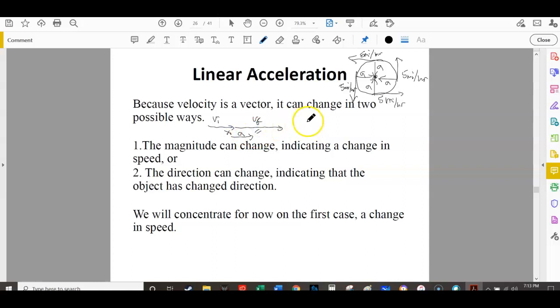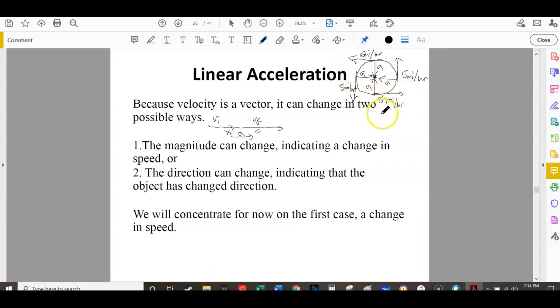But also, in this case, your velocity vector's direction is changing over time. And I'm not saying your speed is changing, you have a constant speed of 5 miles an hour, but here you're moving to the top of the page, here you're moving to the left of the page, here you're moving to the bottom of the page, here you're moving to the right of the page.